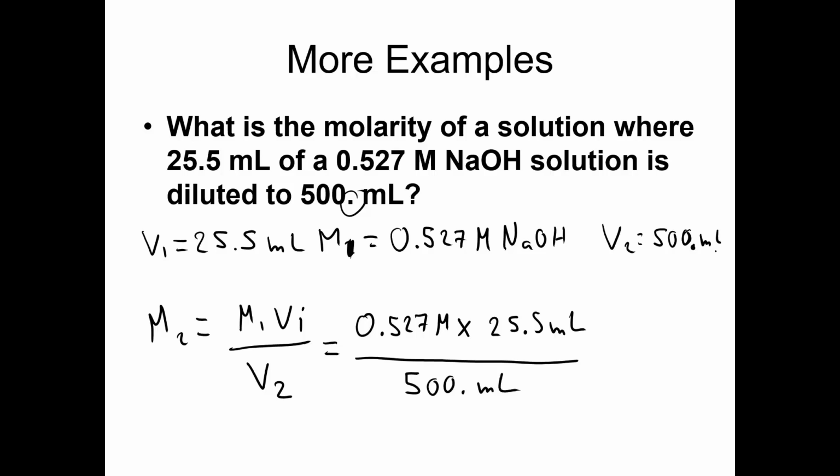Now here it is important that we have the same unit for the volume, okay? Because that's what's canceling, and that's why it's important that you write those units down.